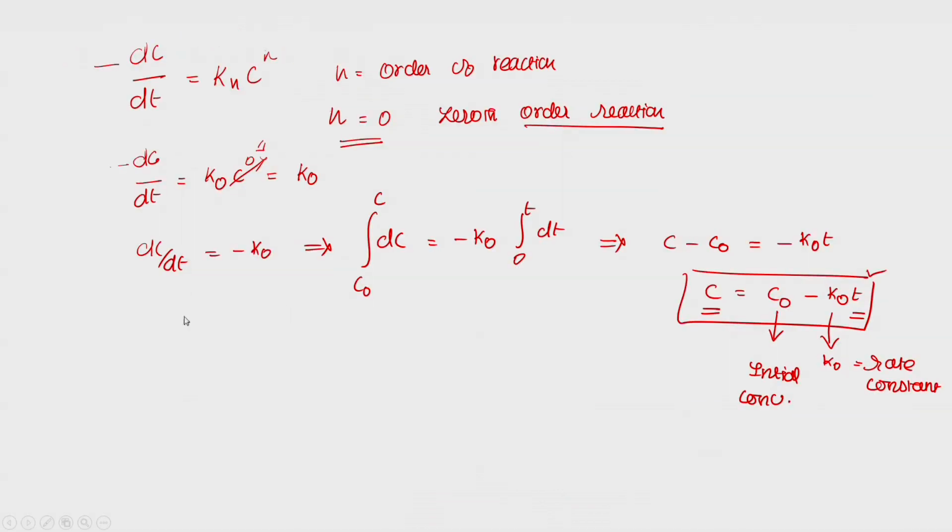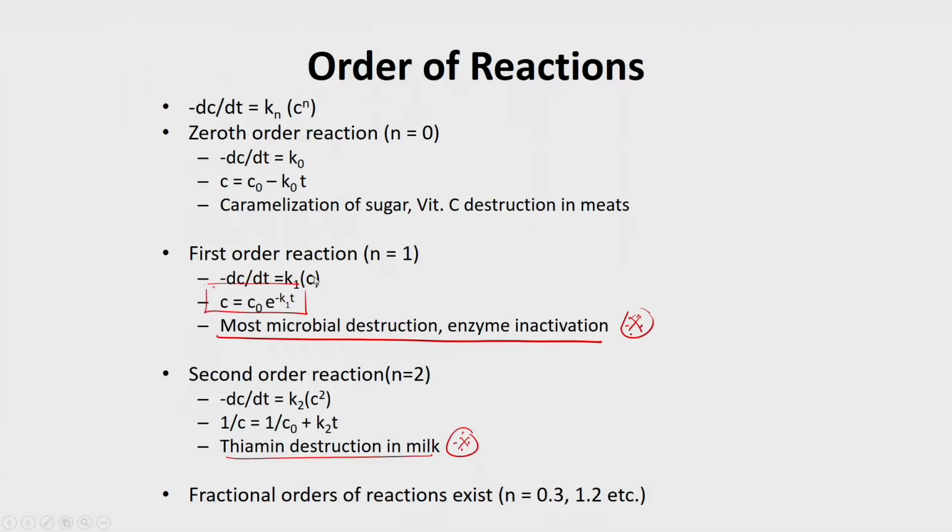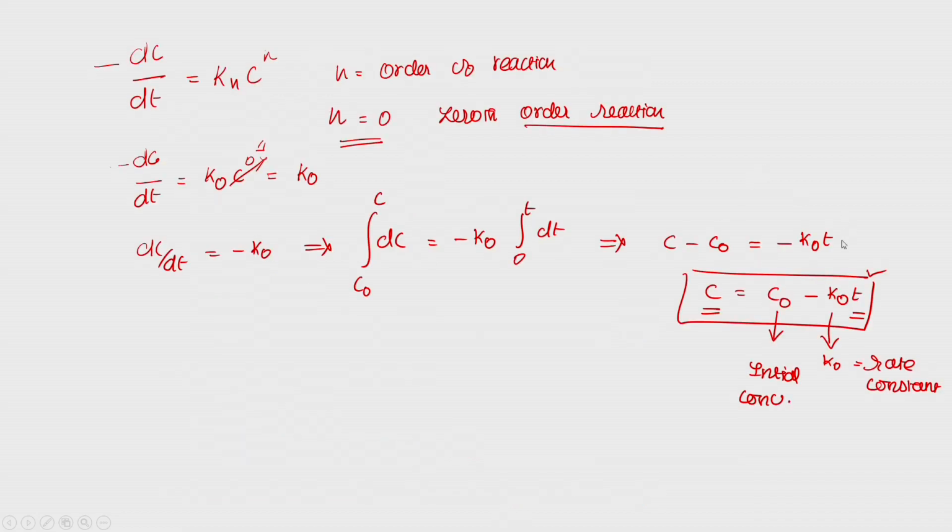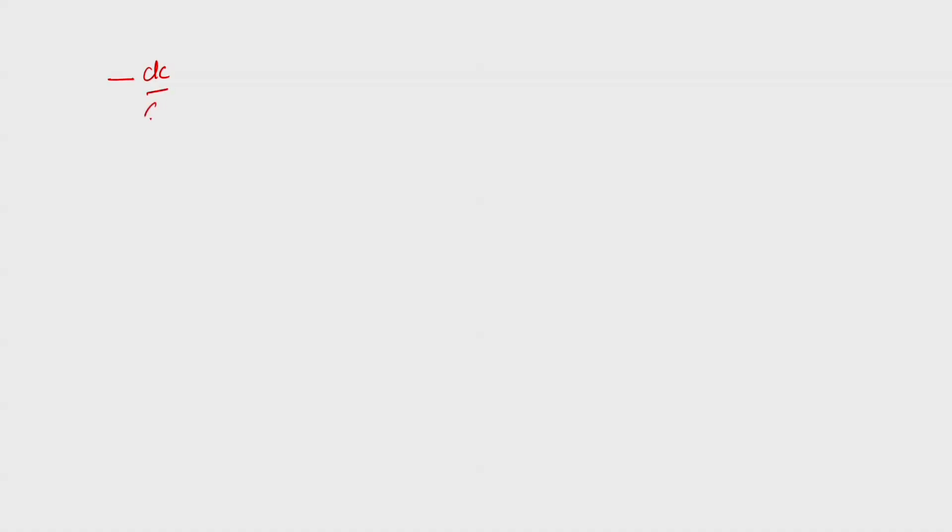So, what we have done here is, if I know my order of reaction a priori, I will be able to calculate my concentration at any point of time t. But if I don't know the order of reaction a priori, how would I calculate that? The general expression we have is minus dC upon dt, which is nothing but Kn C power n.